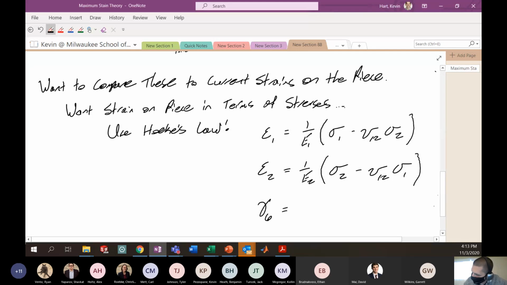And finally, your shear strain is whatever the current stress is in the 6th direction divided by modulus G12. Okay, so these are the current strains on the piece.